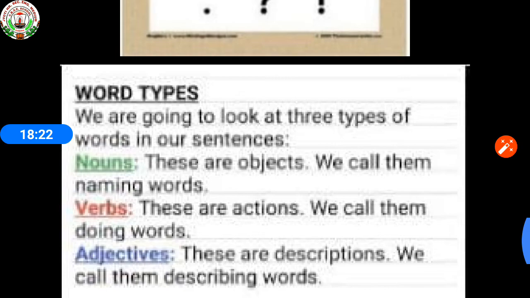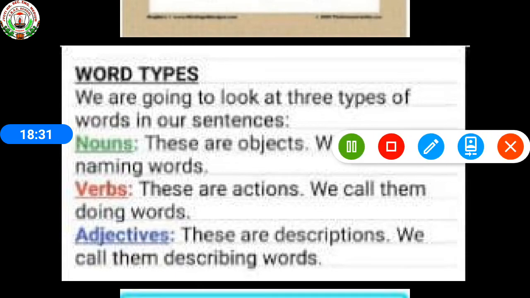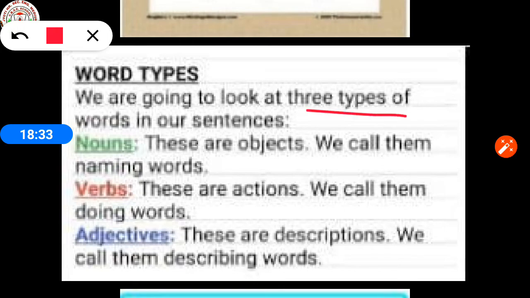We are going to look at three types of words in our sentences. First one, noun; second one, verb; third one, adjective. Nouns are objects and we call them naming words.